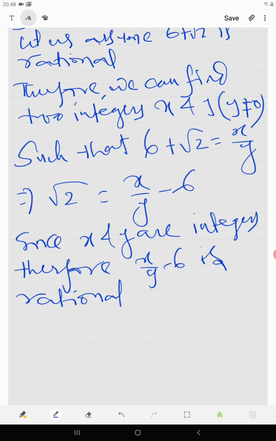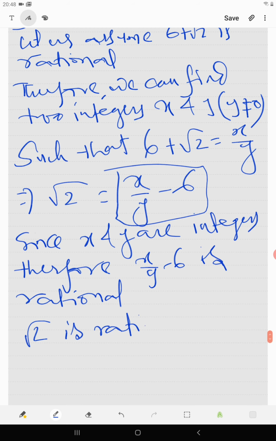So we know that x and y are integers, and we are doing integer by integer minus 6. So the result is also rational. So if the right hand side is rational, the left hand side will also be rational. So root 2, this proves that root 2 is rational.